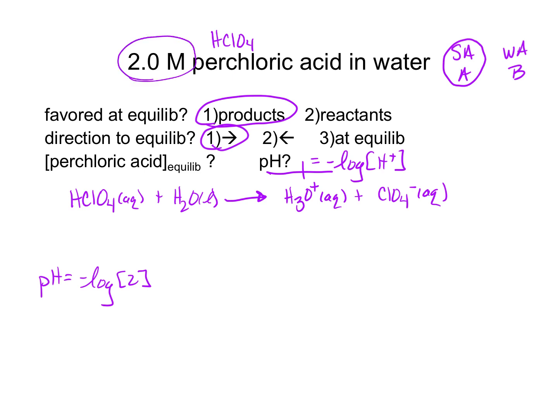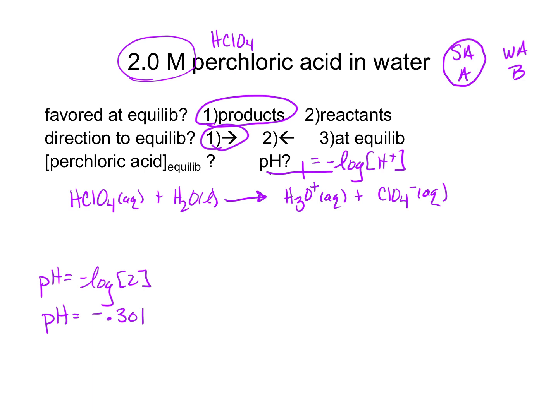That's the concentration given to us in the problem. Okay, so minus the log of 2 gives me a pH of negative 0.301. Okay, and that's why I wrote in the previous slide that it's approximately 0. Very concentrated strong acid can have negative pH. Okay, but that is essentially 0. That is very, very acidic.